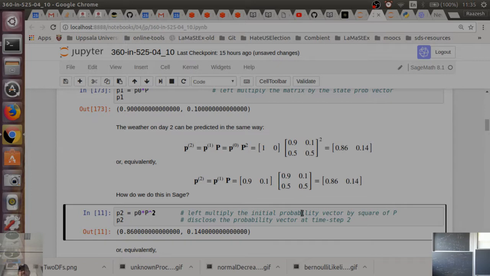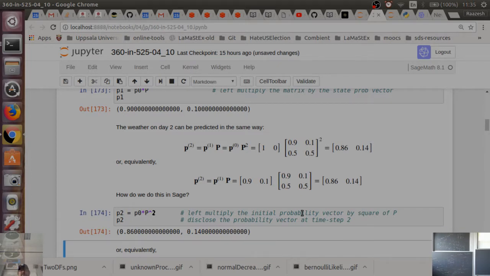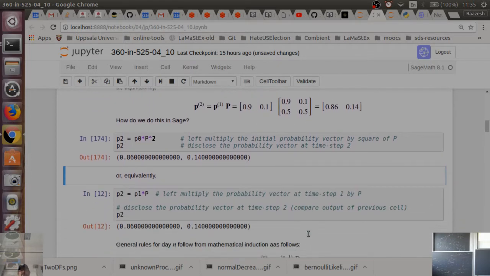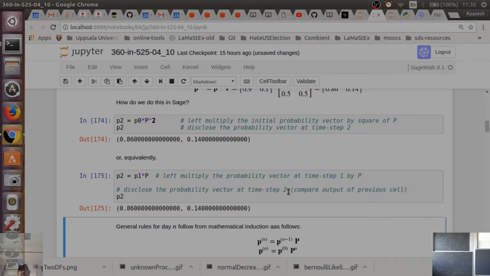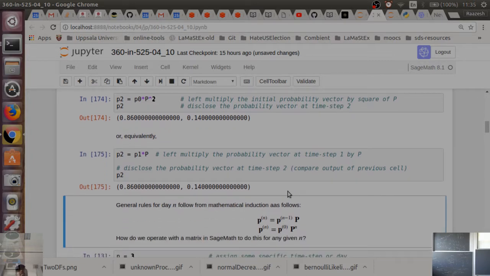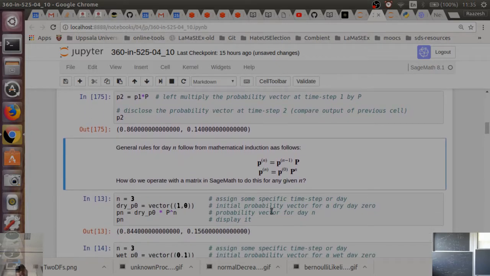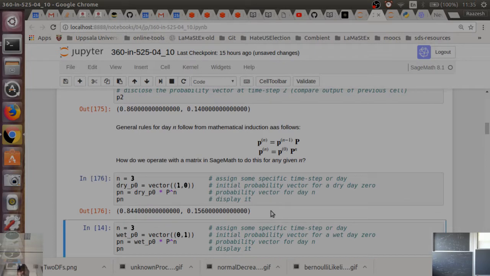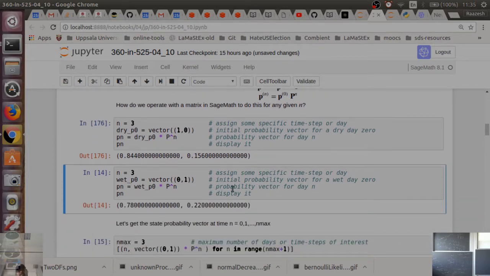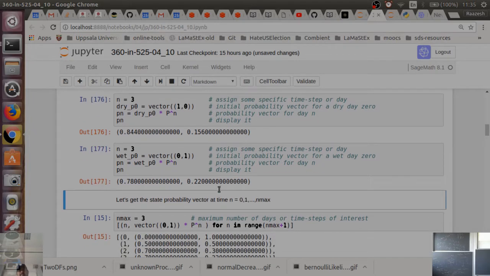So it's exactly the same. I do P squared, and I get this. So I'm just literally marching. This is the Sage version of the Wikipedia example. So now I can display the probability vector at time step 2 is P2. And I can generalize this, n equals 3, and so this is the same.